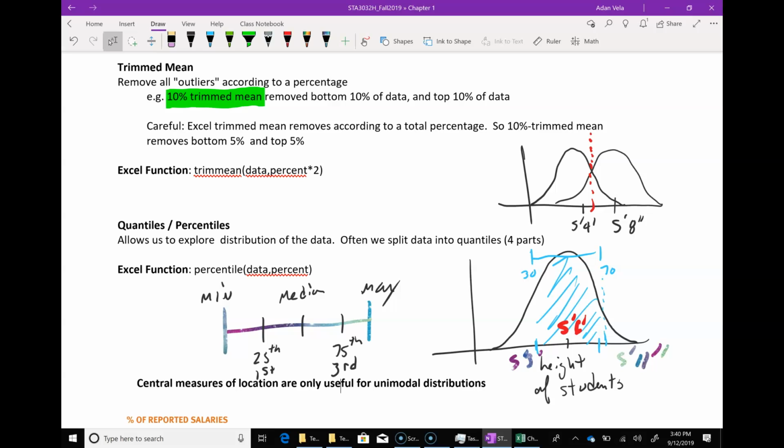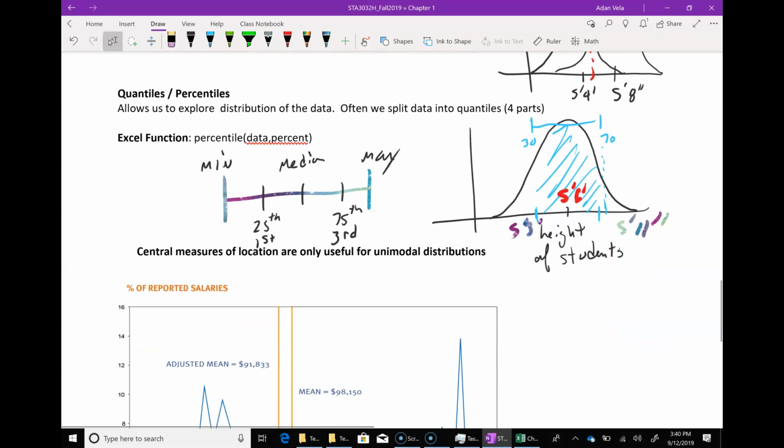Let's just pretend I were to tell you that, based on this data that we collected of heights of students, the standard deviation is 6 inches. That would mean the variance is 36 inches.